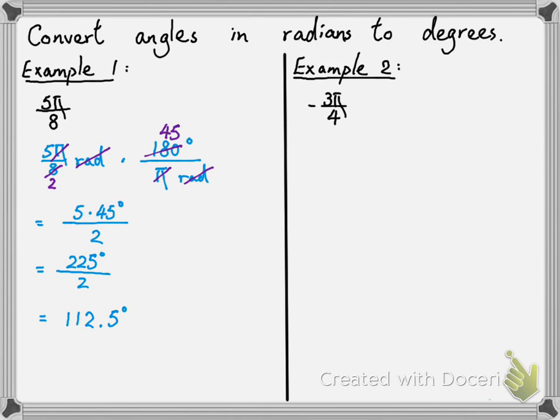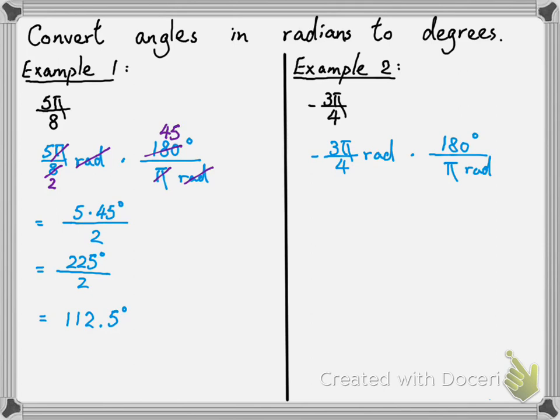Example 2. Convert negative 3 pi over 4 to degrees. Please feel free to pause the video so that you can give it a try. We will have negative 3 pi over 4 radians times 180 degrees over pi radians.